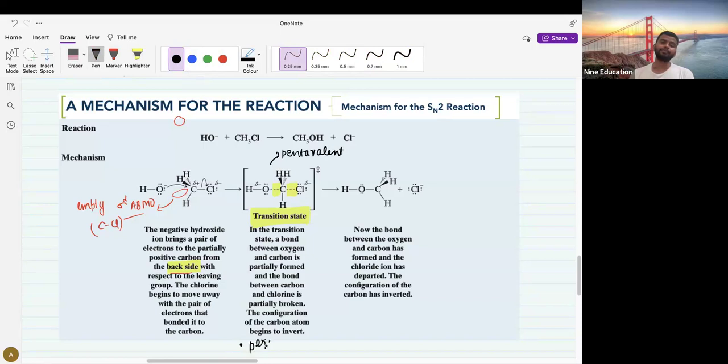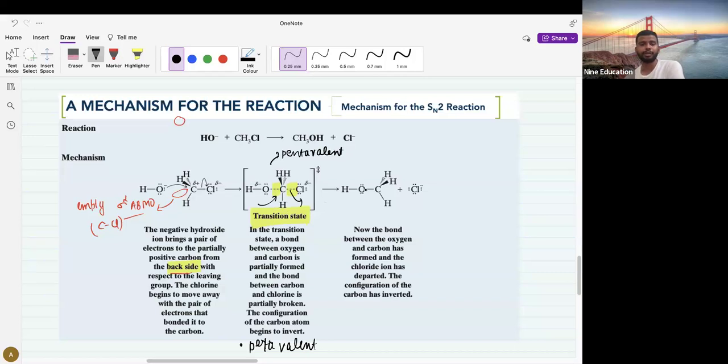Pentavalent state. Carbon can't make 5 bonds, but this is the transition state where carbon on one side is breaking a bond, and on the other side it is making a new bond, है ना? तो यहाँ पर one side bond breaking is also happening and one side bond making is happening, है ना? If both things are happening simultaneously, this is known as the transition state of a reaction.